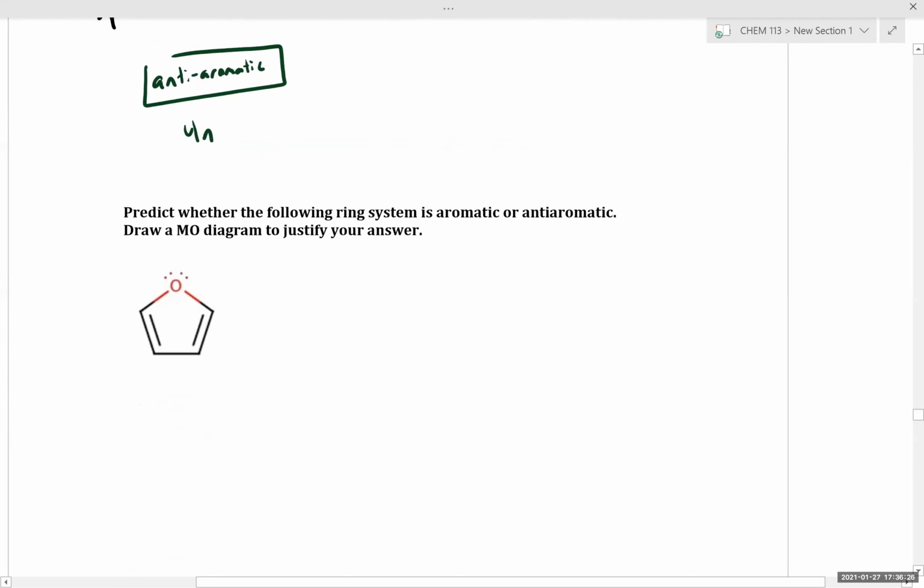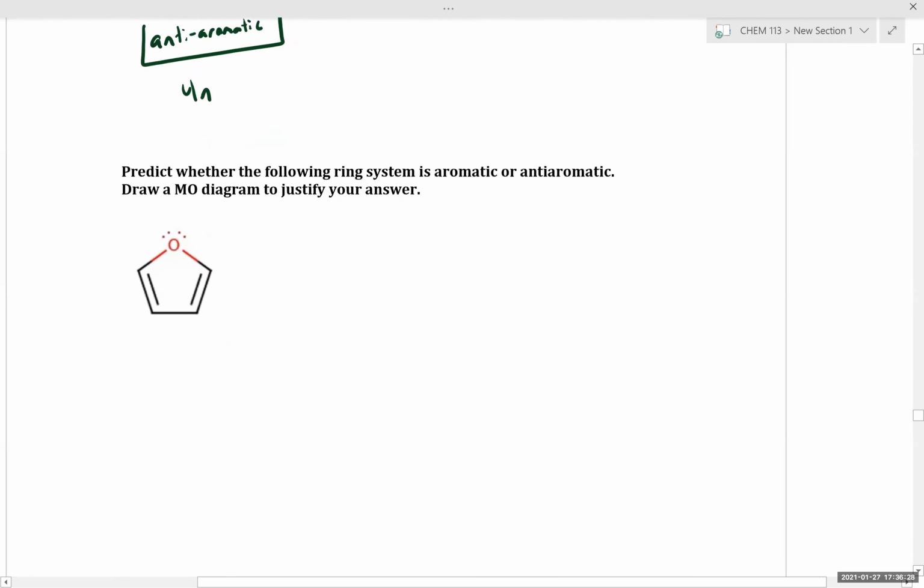Okay, so let's work on this example as a group, and I'd like you to predict whether the following ring system is aromatic or anti-aromatic, and then draw an MO diagram to justify your final response. Remember you can use the annotate tool to draw out a molecular orbital diagram on the class whiteboard.